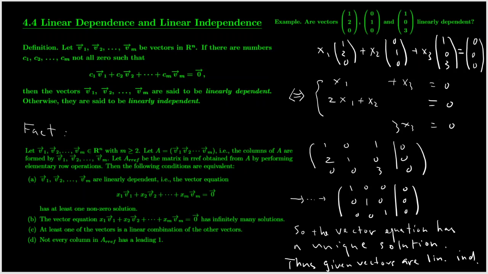If the system has one and only one solution, a unique solution, then the given vectors are linearly independent. If the system has many solutions, then the given three vectors are linearly dependent.